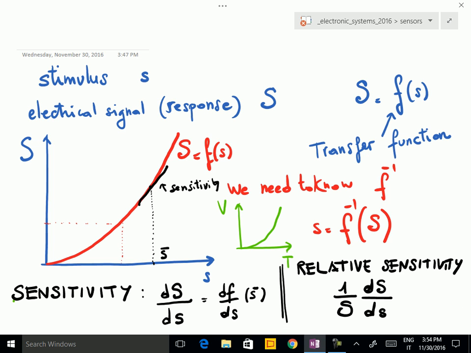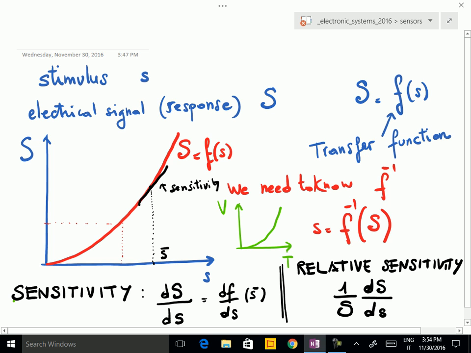Of course, you should notice that these quantities can be defined only in association to a particular value of the stimulus. So when you have on a data sheet of a sensor the sensitivity or the relative sensitivity, it also has to be specified for which value of the stimulus the sensitivity is defined. Because of course this derivative depends on the position along the curve.